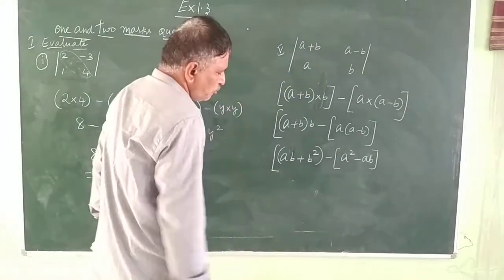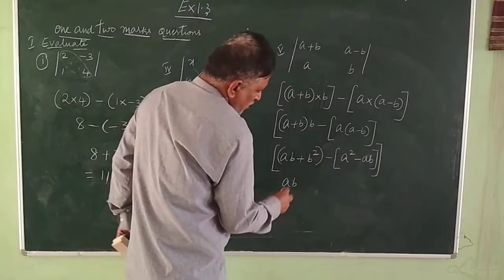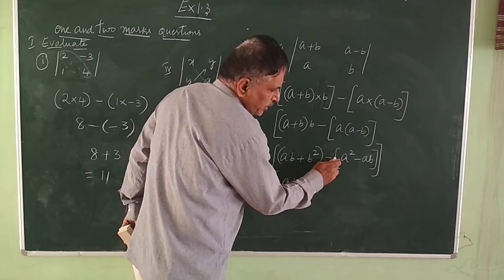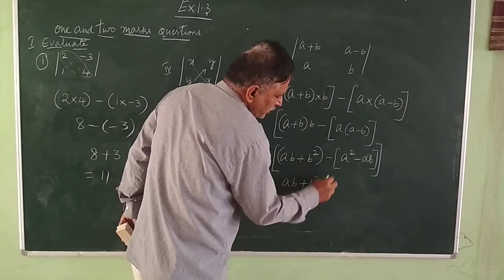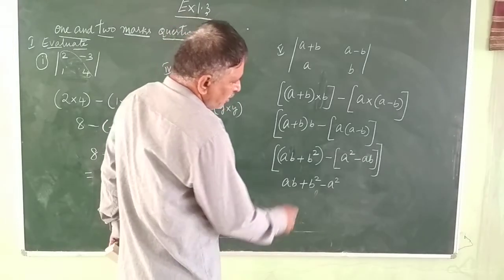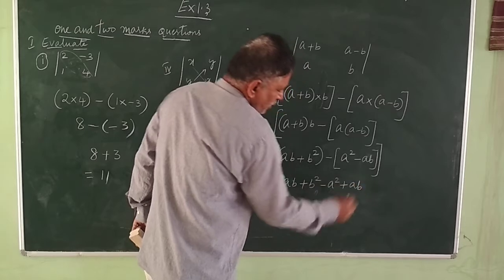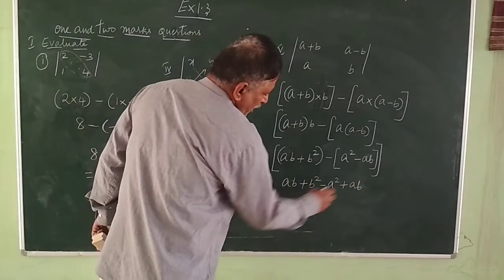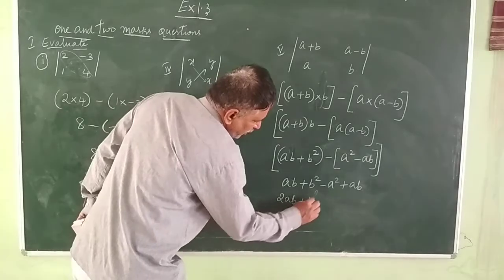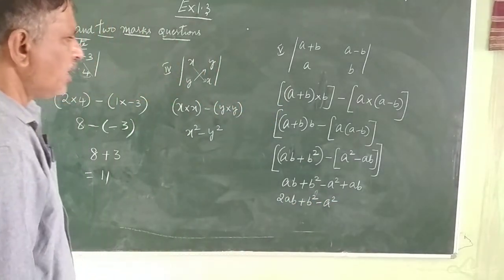Now we are supposed to remove the bracket. ab plus b square minus, no sign means it is plus, minus into plus is minus a square, minus into minus is plus ab. So that means we got ab, 2 times ab plus b square minus a square is the answer for the given question.